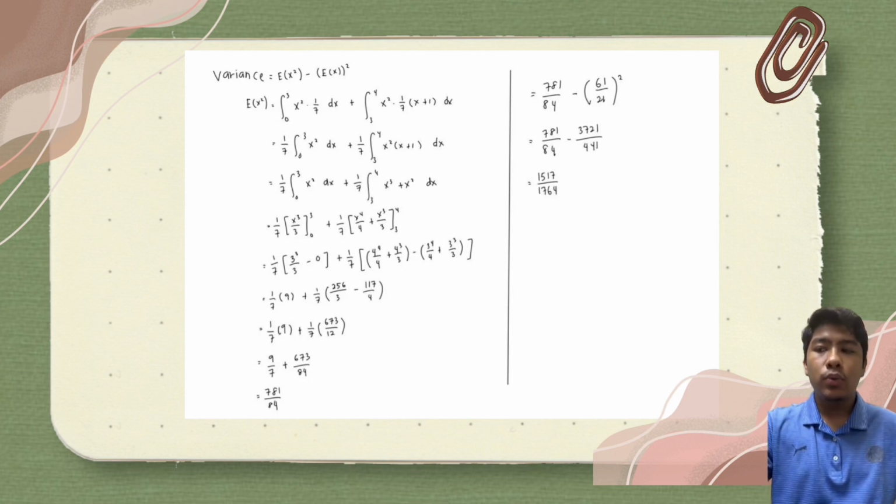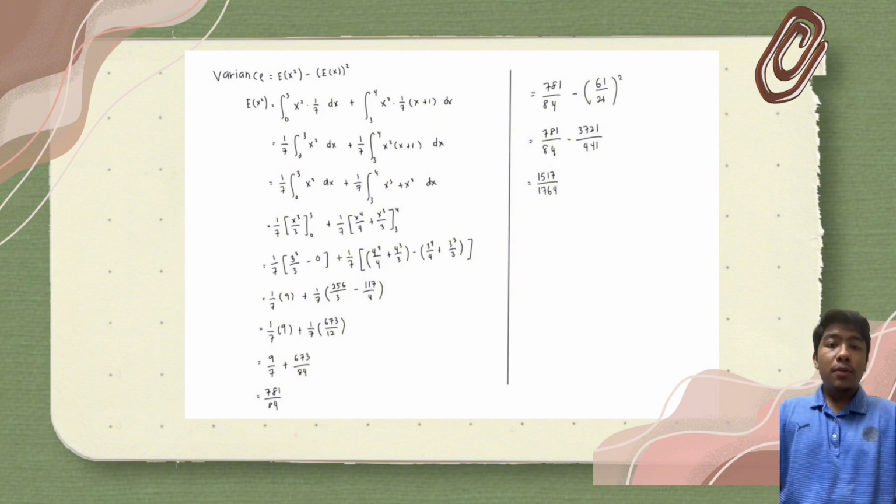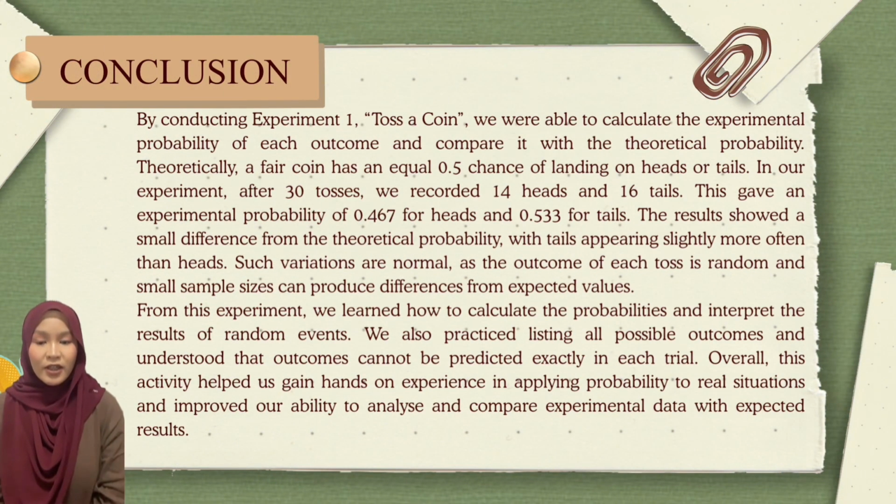And the answer, we will get 781 over 84. And then, we substitute the values for E of x squared and E of x squared into the formula of variance, and we will get 781 over 84 minus 61 over 21 squared. And the answer for the variance, we will get 1517 over 1764.